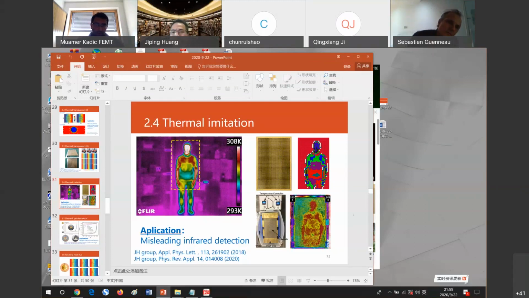You are achieving thermal imitation in your sample. As far as I know, the emissive power detected by the thermal camera depends on both the surface emissivity and the surface temperature. So here you get the misleading infrared detection by changing the surface temperature field.